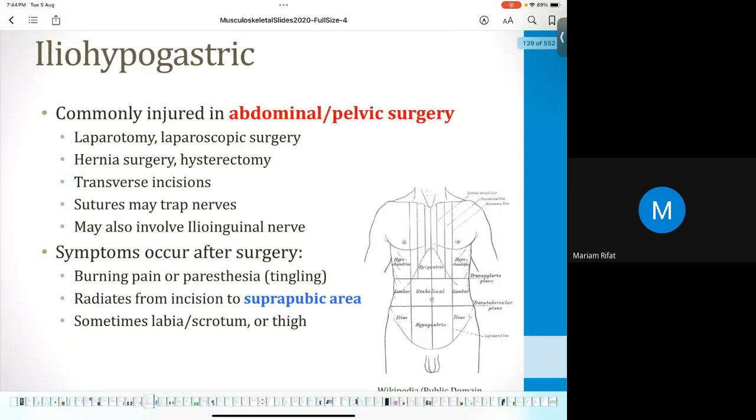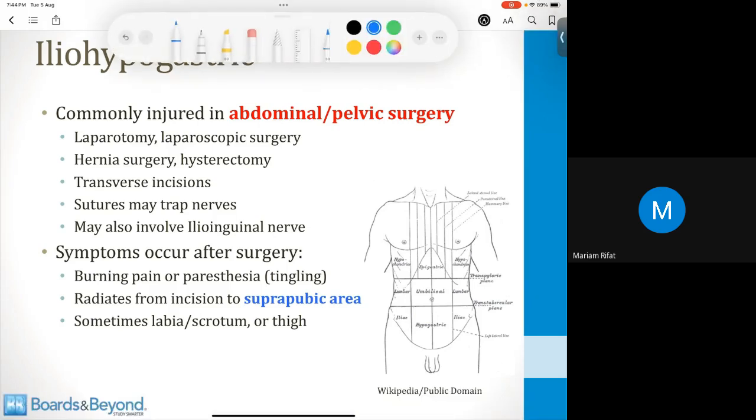Okay, so how does the iliohypogastric nerve get injured? That's really important to know. It can be injured during laparotomy or laparoscopic surgery. If you remember, in laparoscopic surgery we make two to three holes in the abdomen, one of which is below the umbilicus.